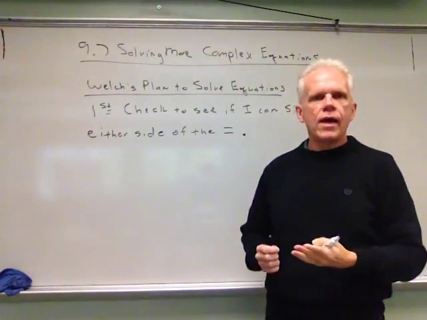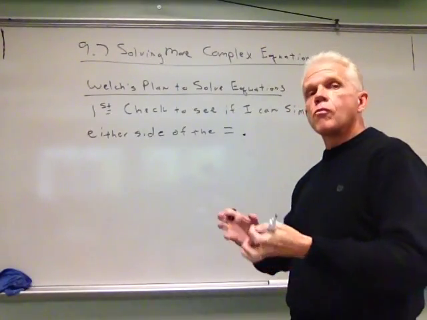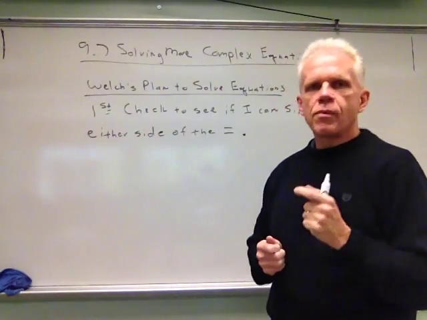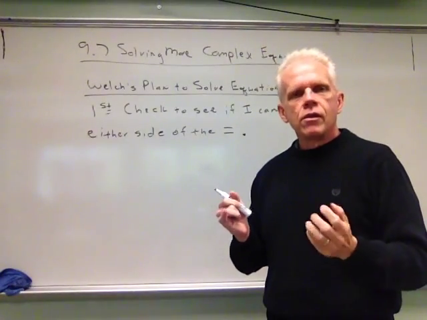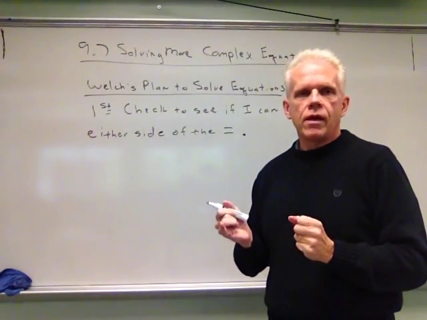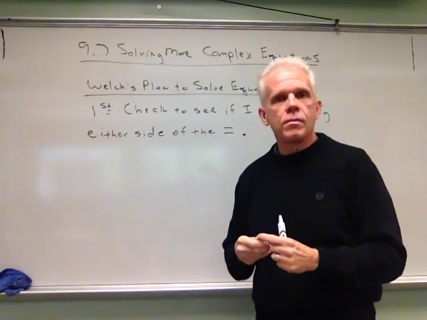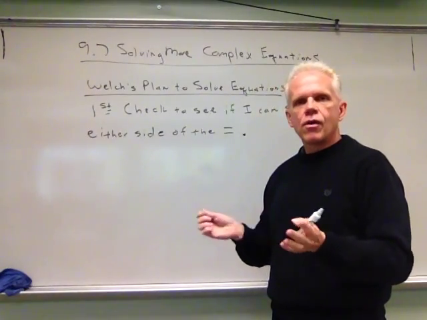First I want to check, is there anything on the left side of the equal that can be simplified? Is there anything on the right side that can be simplified? Remember the two ways we simplified expressions. The first way was to see if we could distribute anything. If there's parentheses, is there something outside those parentheses that could be distributed? The second way was to combine like terms.